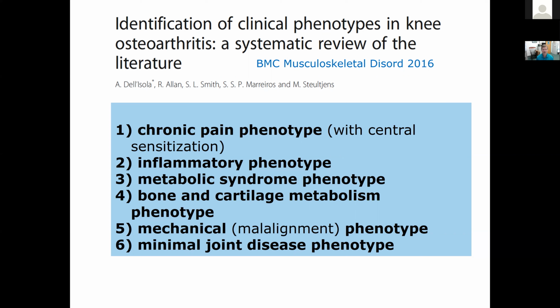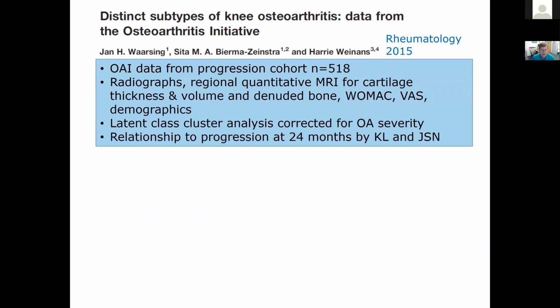A lot of attention has been placed on using radiographic outcomes for phenotyping, because obviously radiographs are available in patients with knee OA and are used to clinically define knee OA. So I'll go through a few of those studies. This was work that used data from the Osteoarthritis Initiative to try to define subtypes of osteoarthritis.